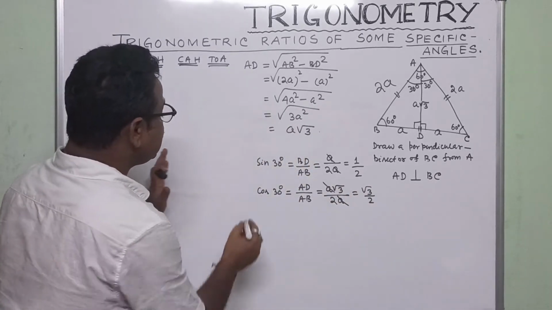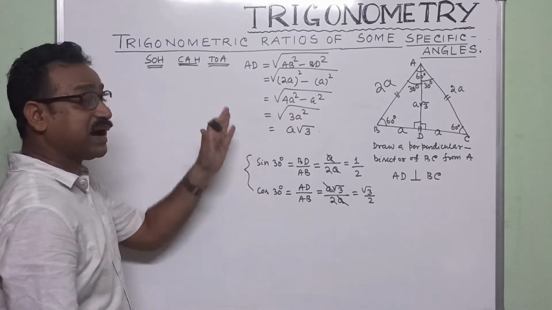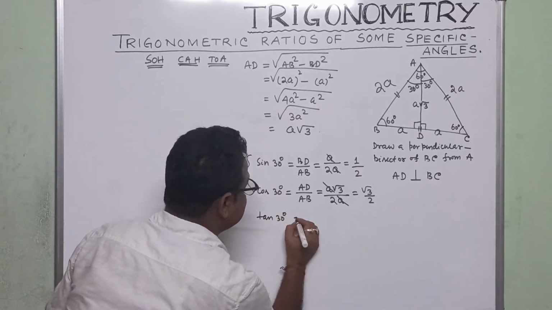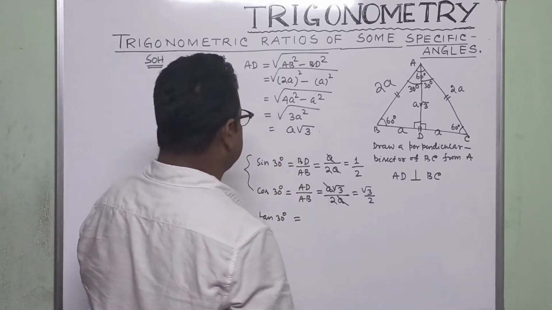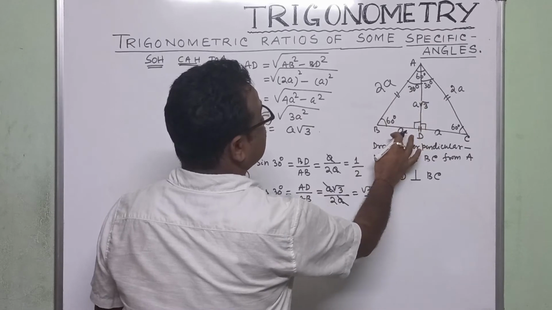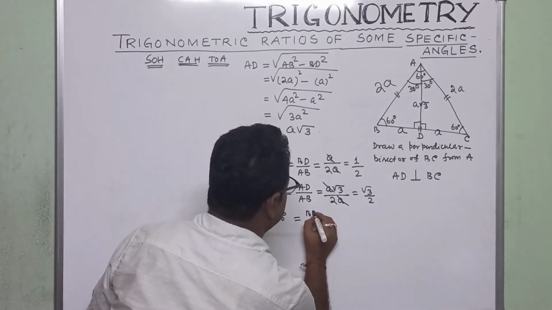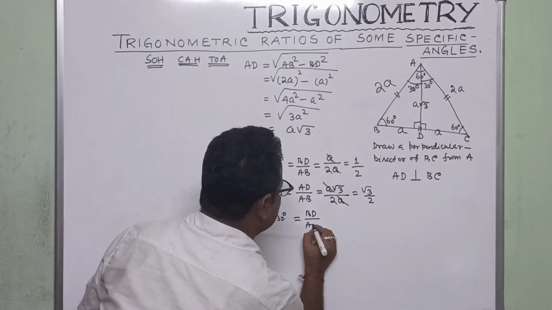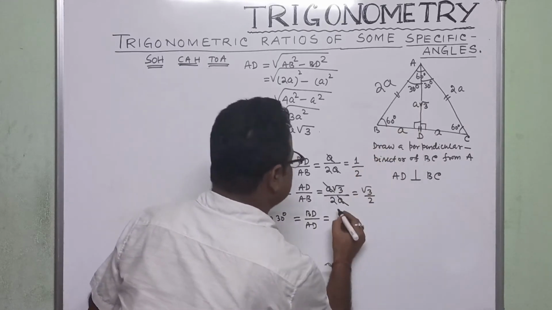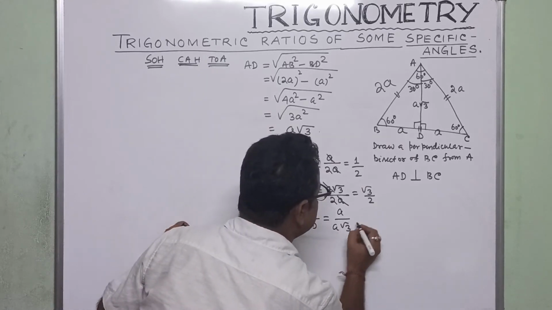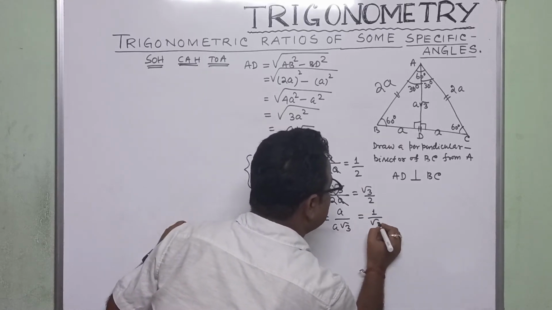Now by using sine and cos we can find out tan. So now tan 30 degree is equal to opposite BD by adjacent AD, which is A by A root 3, is equal to 1 by root 3.